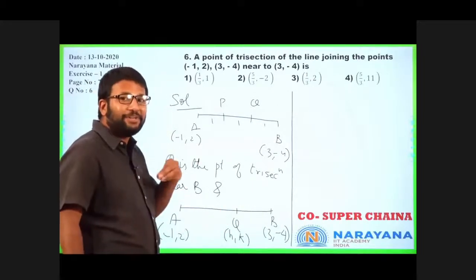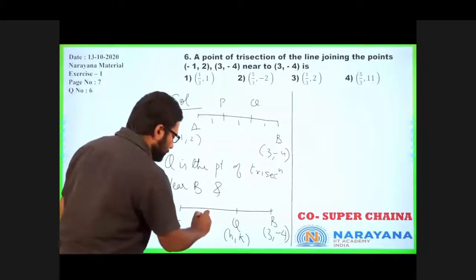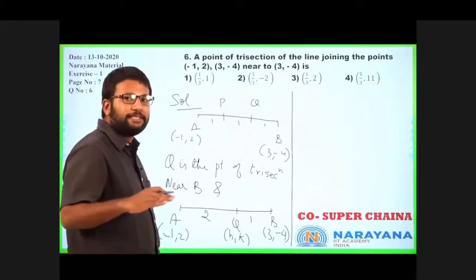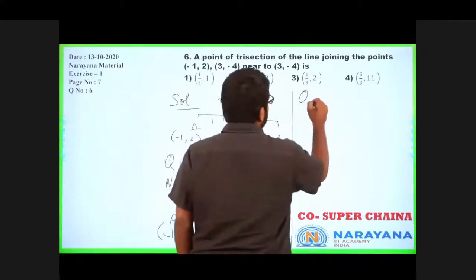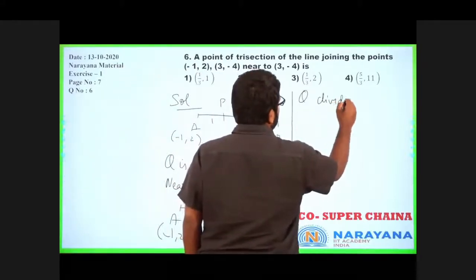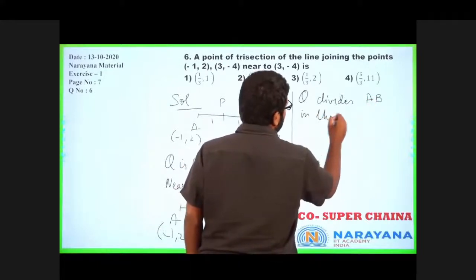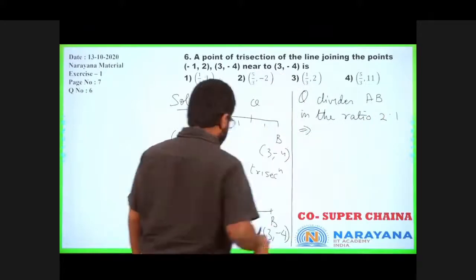But don't, because when you say Q divides AB, the number towards A should be first. So 2:1, and this is very important. You can't say Q divides AB in the ratio 1:2, that is wrong. Q divides AB in the ratio 2:1, right?